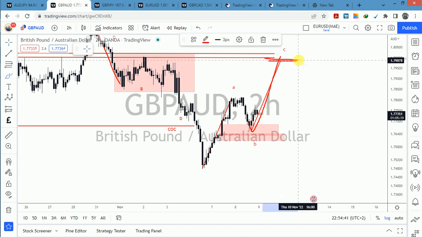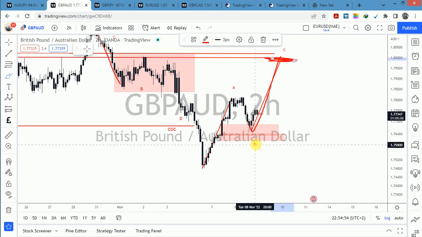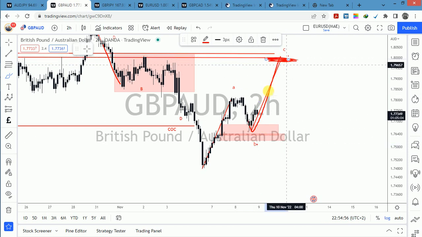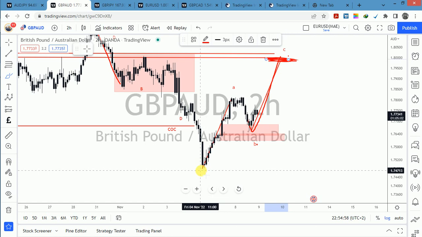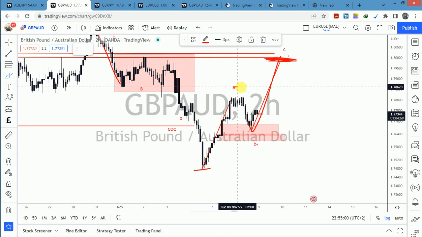We are expecting the C to complete here, because that is where the leg BC, yes, we close the leg BC here, because the leg BC is equal to the leg 0A. That is how it's supposed to be. So we are going to close the leg BC here.